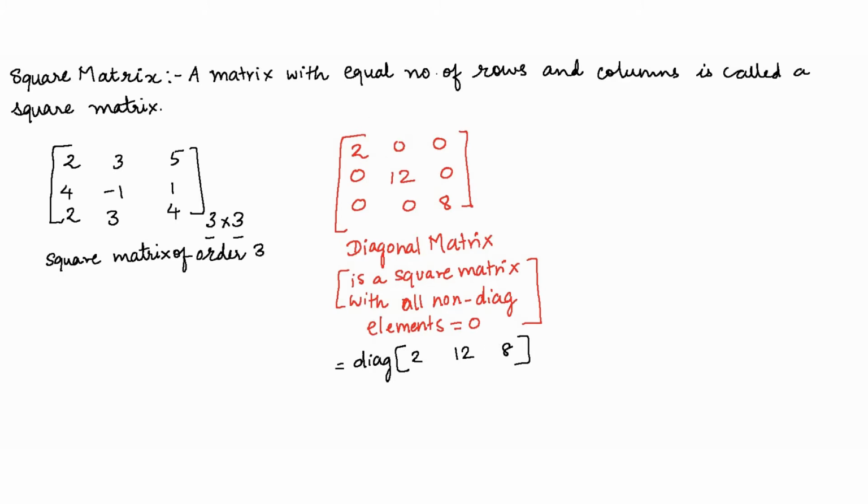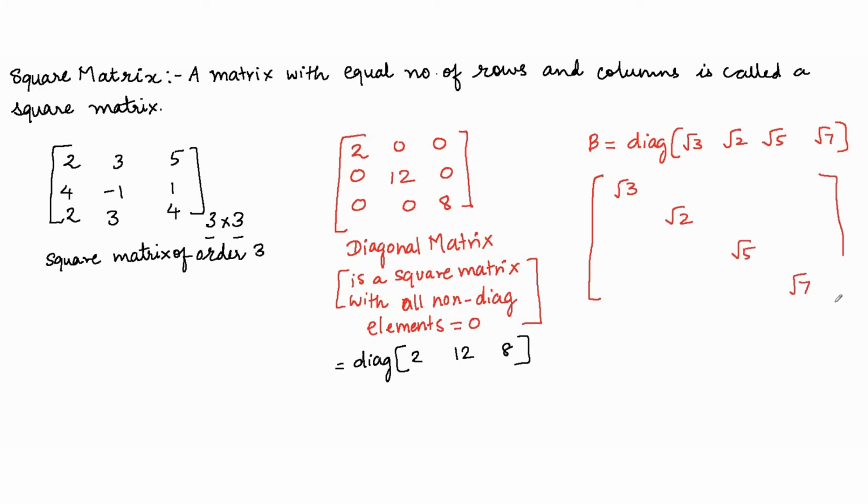So for example, if somebody says matrix B is diag of root 3, root 2, root 5 and root 7, what this means is the diagonal elements are root 3, root 2, root 5 and root 7, and the order of this matrix is 4 by 4, all the other elements are 0, right?